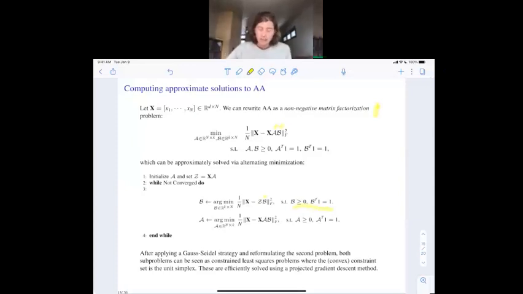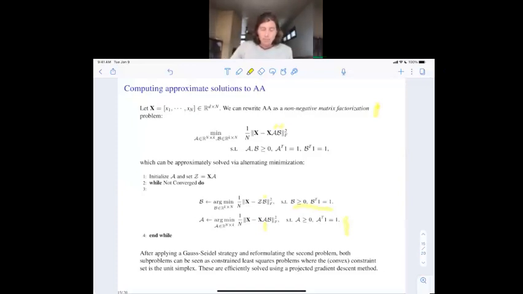And those are both very efficient steps. Then for the second problem, A is sandwiched between X and B, but you can rewrite this and see that this is also just a least squares problem, and the constraint set is exactly the same. So this can also be efficiently solved, and by alternating these two convex problems, you can find the solution to the archetypal analysis problem.